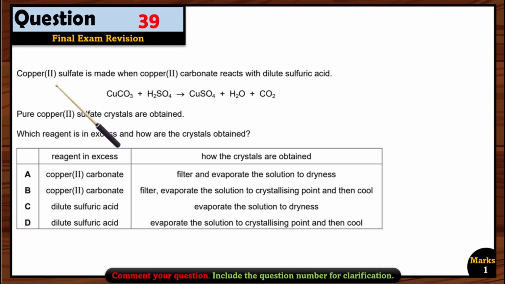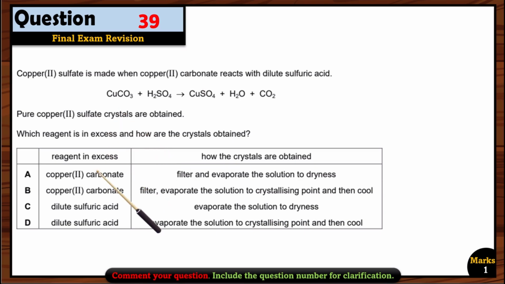Question 39. Copper sulfate is made when copper carbonate reacts with dilute sulfuric acid. Okay, so this is the reaction. Pure copper sulfate crystals are obtained. Which reagent is in excess and how were the crystals obtained? Copper carbonate is insoluble, right? So it means we have to use this one in excess.